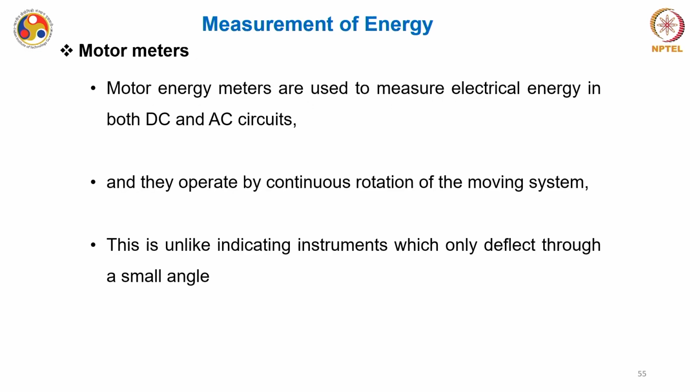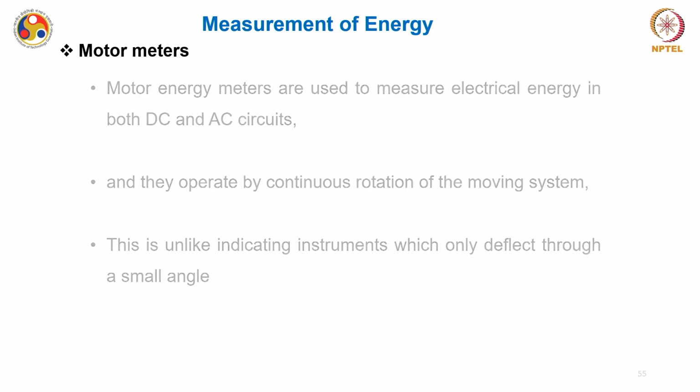Motor meters are a kind of energy meter which are used to measure electrical energy in both DC and AC circuits, and they operate by continuous rotation of the moving system. Please note that continuous rotation of a moving system is unlike the indicating instrument, which only deflects through a small angle.